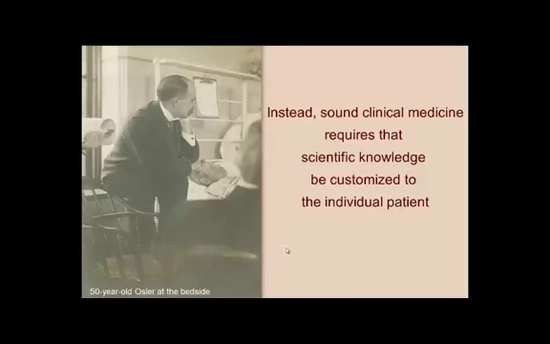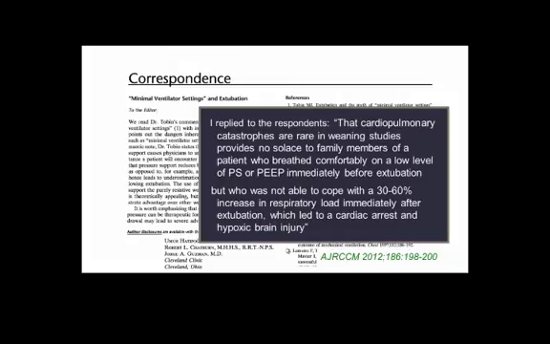Again, the job of internal medicine is that you have to customize the scientific knowledge that is obtained by averaging at the stage of research, but then customize that knowledge to the individual patient, taking each patient as an individual.